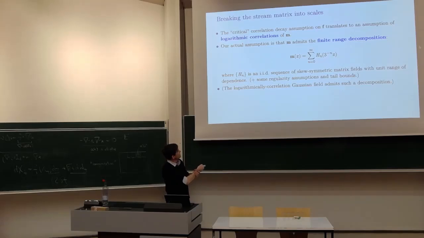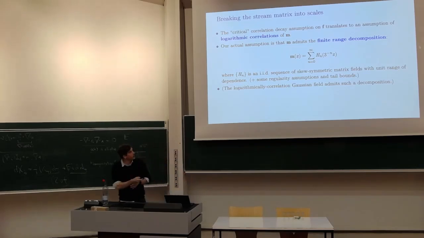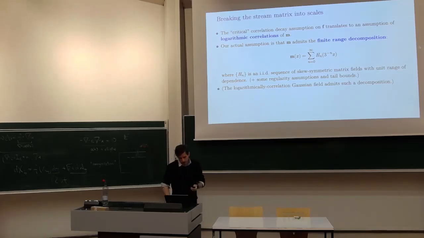This is what you do all the time in topics like this. These things are all skew symmetric, and maybe they have the same law, and you're just scaling them. In particular, all their sizes are of order 1. Okay? And so what I'm going to do is gradually integrate out. I'm going to try to start the sum at a larger and larger integer and get rid of these small scales.